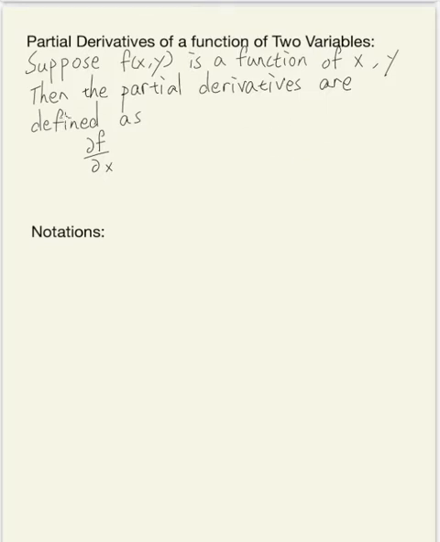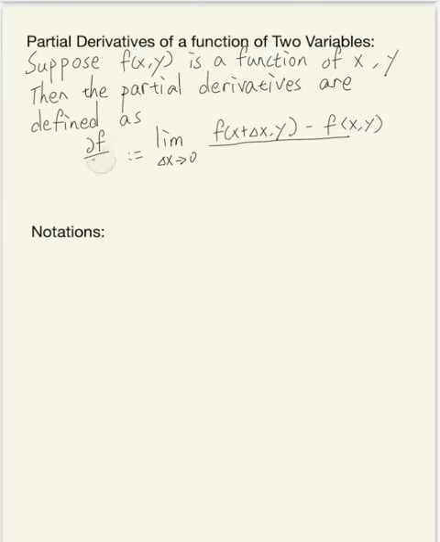Okay, so df dx is defined as the limit of delta x going to 0 of f of x plus delta x, y, minus f of x, y.